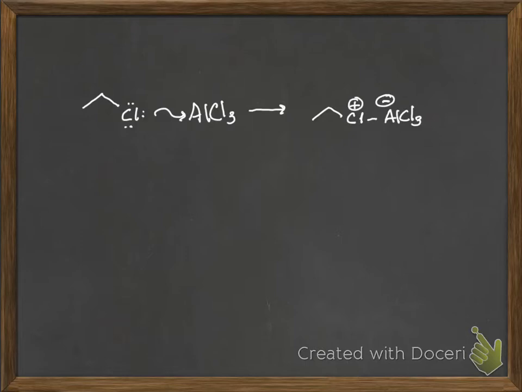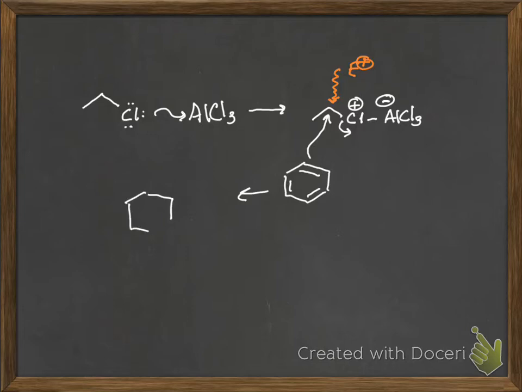Now, though, instead of another chlorine, we've got this carbon there. This carbon is your electrophile. So what's going to happen is the pi bonds from the benzene ring are going to leap up there and knock off the chlorine aluminum trichloride complex, which puts us here.